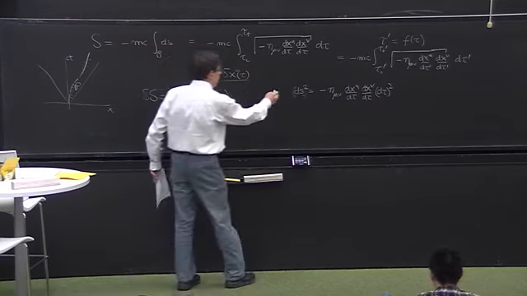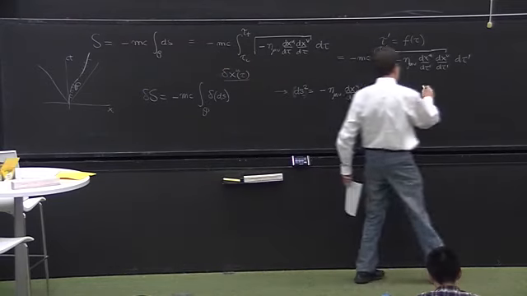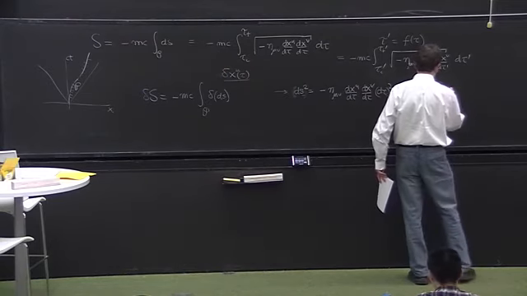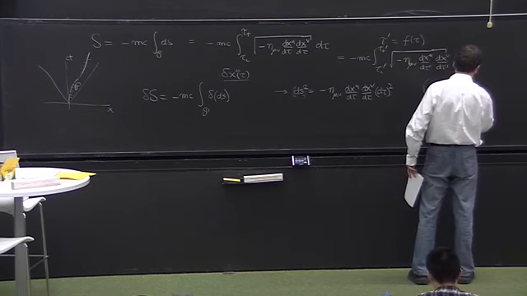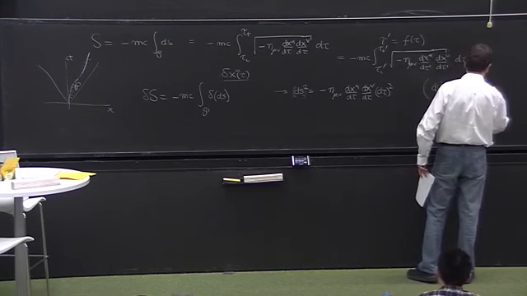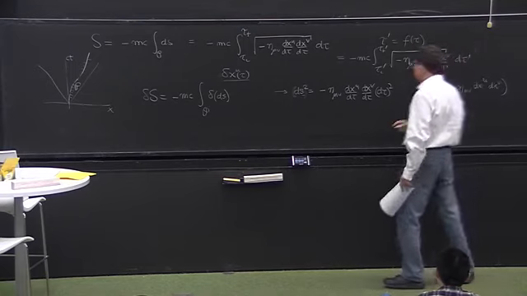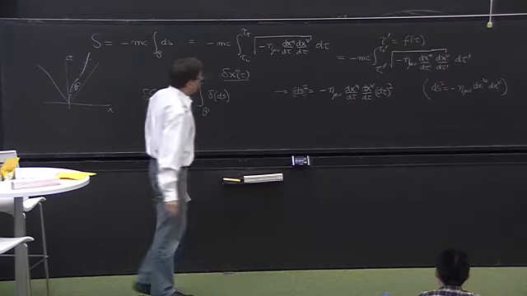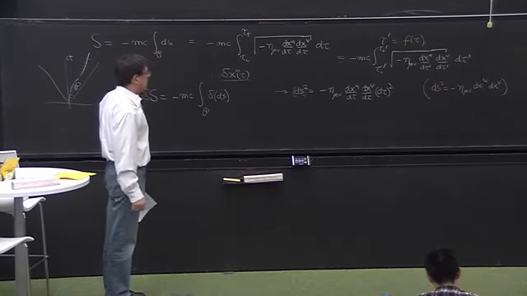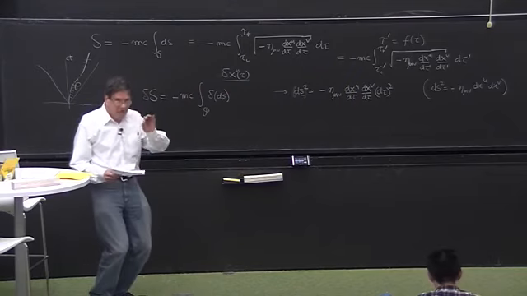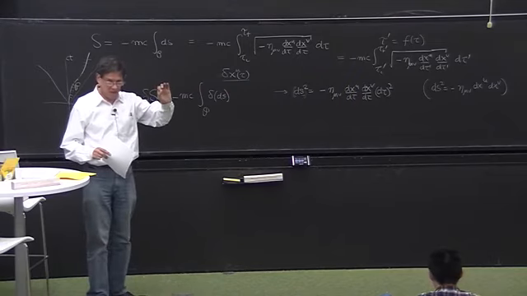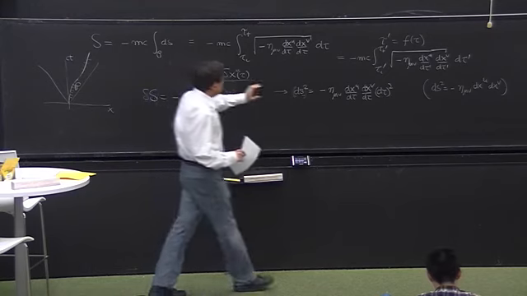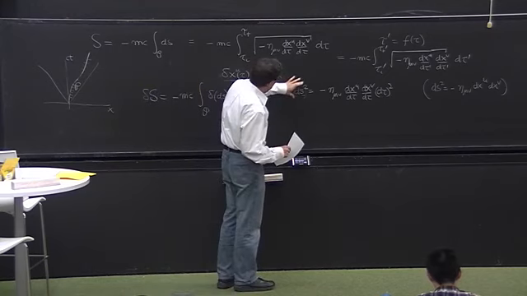We had that before. It came from basically ds squared equal minus eta mu nu dx mu dx nu. So this thing for a particle that is doing physical motion is always positive.